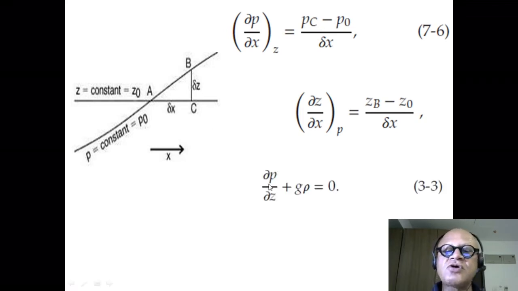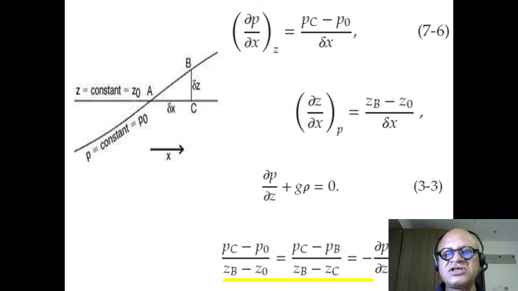Now let's do our hydrostatic balance, dp dz plus g rho equals 0, and write that here. So pc minus p0 divided by zb minus z0. So that's our dp dz.